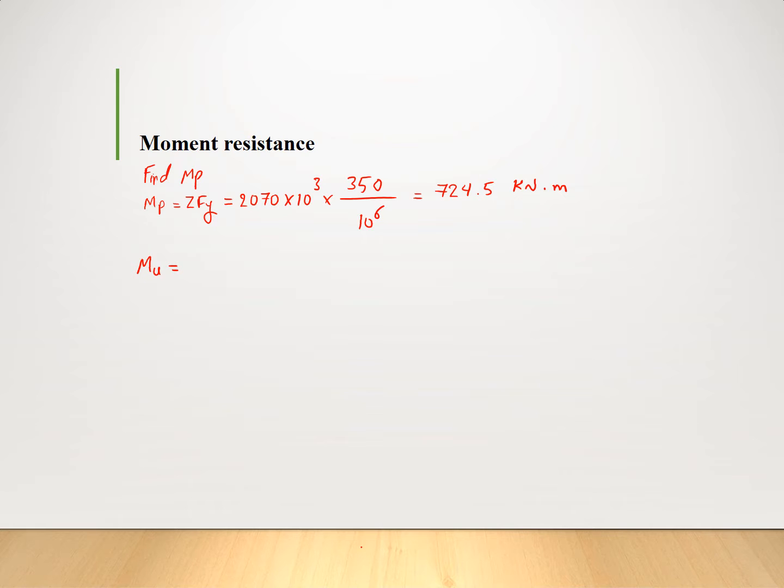Now we need to calculate the elastic lateral torsional buckling moment. Mu is omega 2 pi over L times the square root of E Iy G J plus (pi E over L) squared Iy Cw.